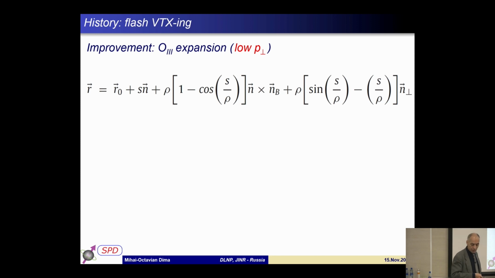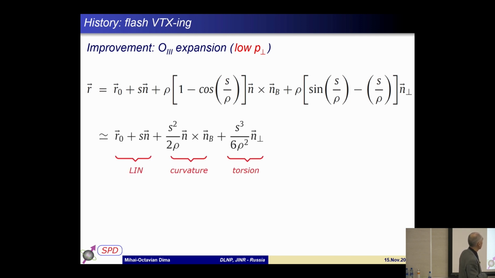I basically write a helix like this for some reasons that will be apparent here. The first part is a straight track, and in high energy physics, a lot of tracks are just straight. Or you can have some second order or third order correction. It's good to keep that in mind because that saves computation time.